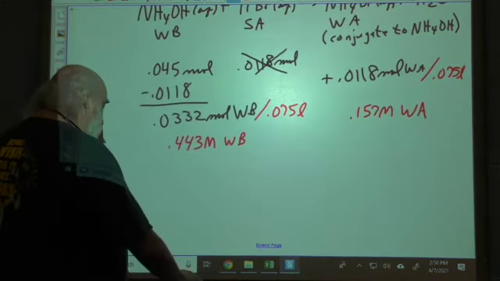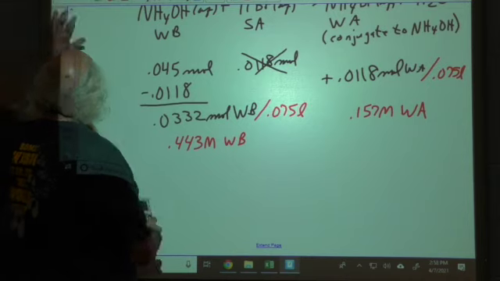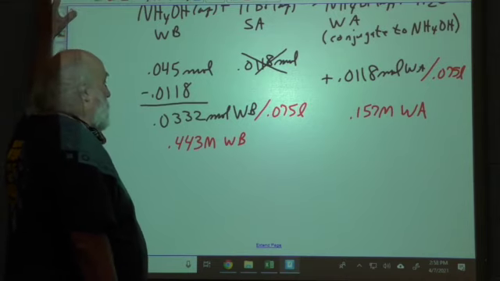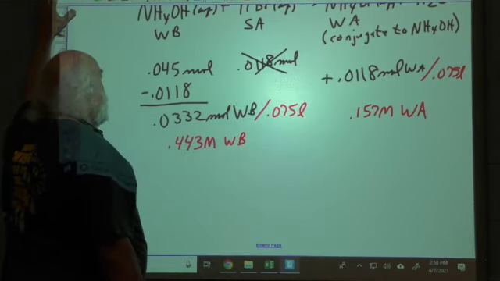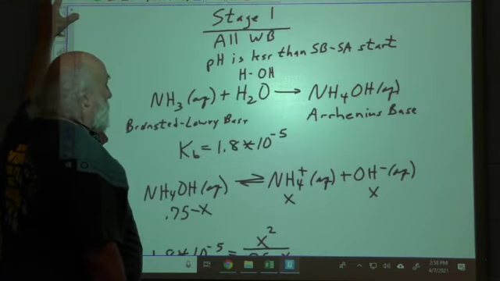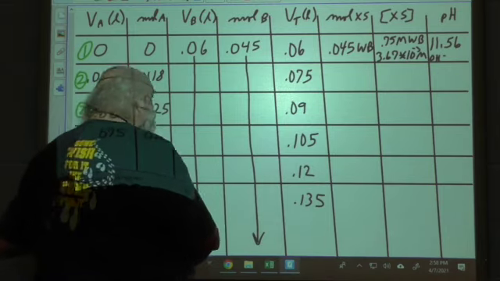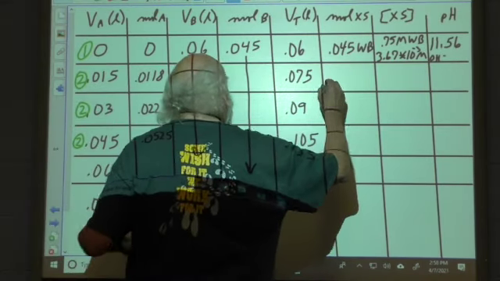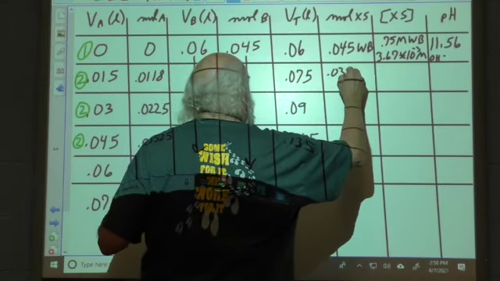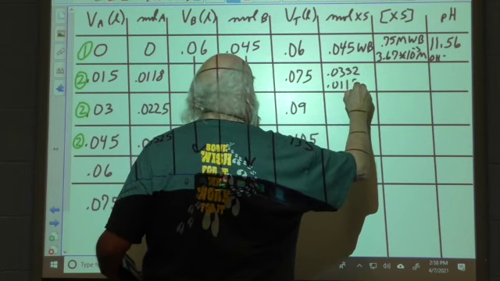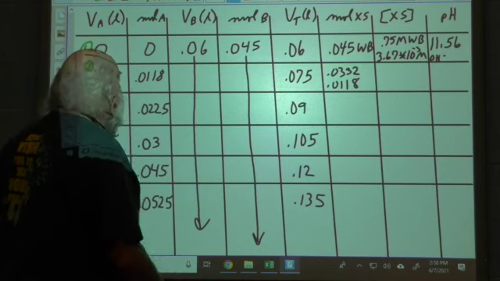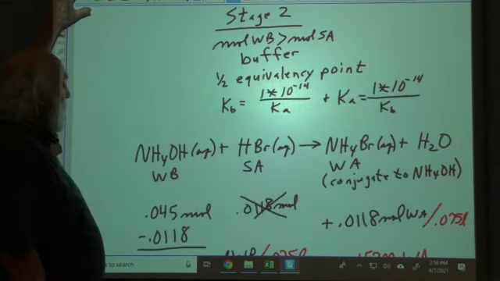So 0.443 and 0.157 then go over to our concentration. We'll first put the 0.0332 and the 0.0118 in for our excess. And let's make sure we got acid and base figured out here correctly.